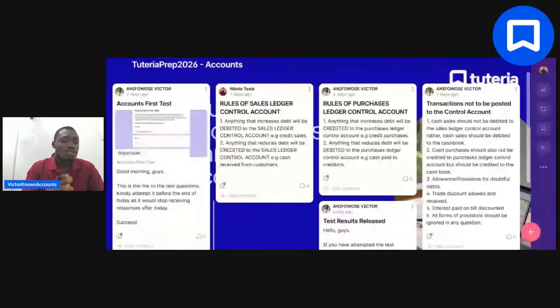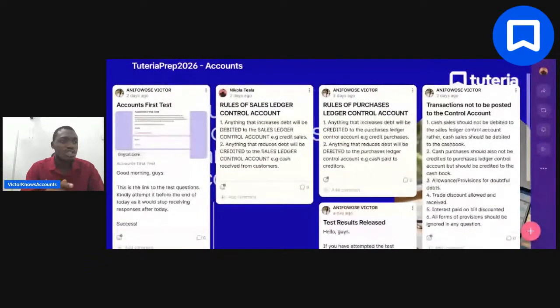Now the summary of what I said, under the rules of sales ledger control account: anything that increases debt will be debited to the sales ledger control account, while anything that reduces debt will be credited to the sales ledger control account. That's the rule we are using. You look at every transaction.